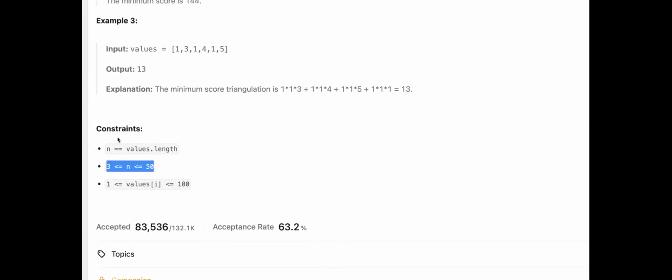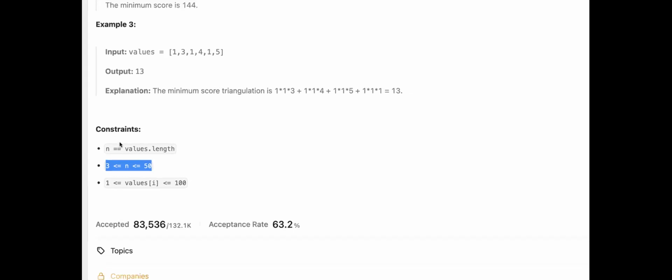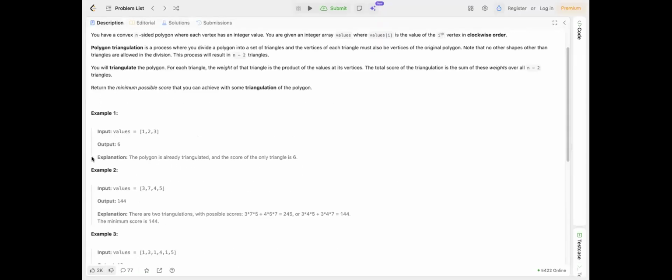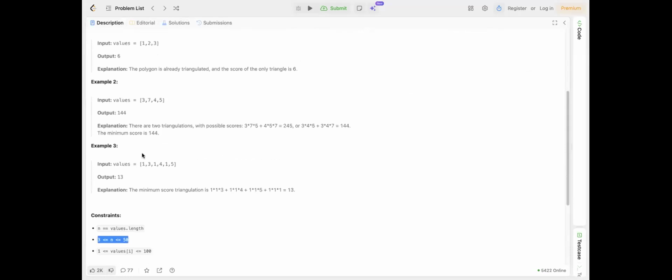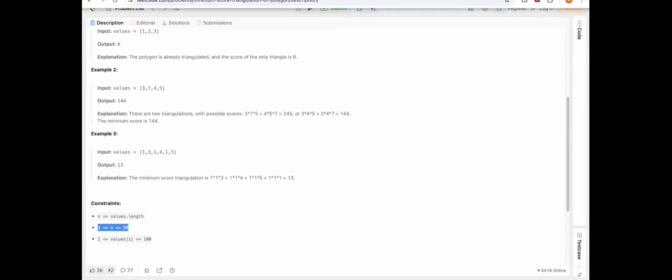I don't think that 20 factorial will work, because after 10 factorial it's 11 into 12 into 13, all at least 10, so 10 to the power 10 operations, not possible. So then I realized that greedy won't work. Now what can we do?